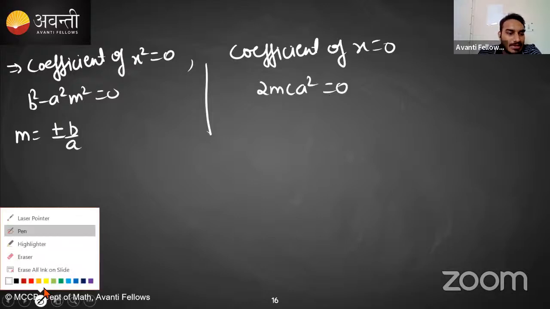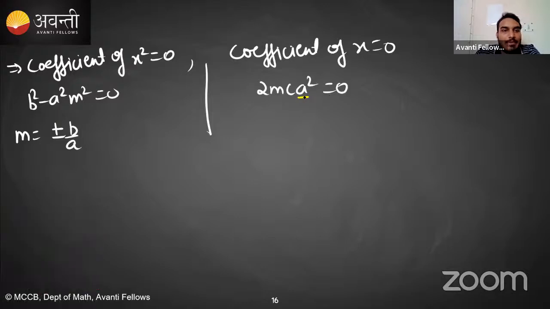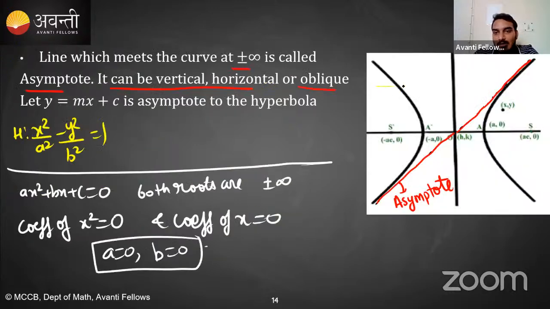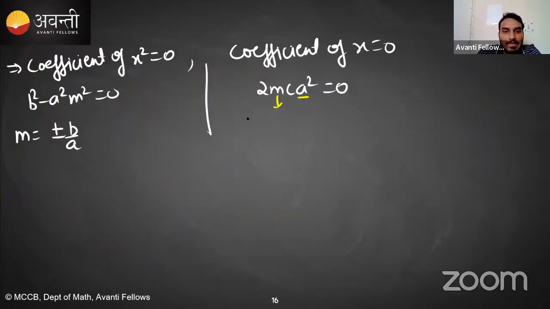Now students, tell me, a square cannot be 0 because in the hyperbola we have x square upon a square, so a square cannot be 0. Can m be 0? Tell me. m is 0 means the asymptote has slope 0, so it would be a horizontal line, and a horizontal line actually cuts our hyperbola, so m cannot be 0. So it implies c should be 0.